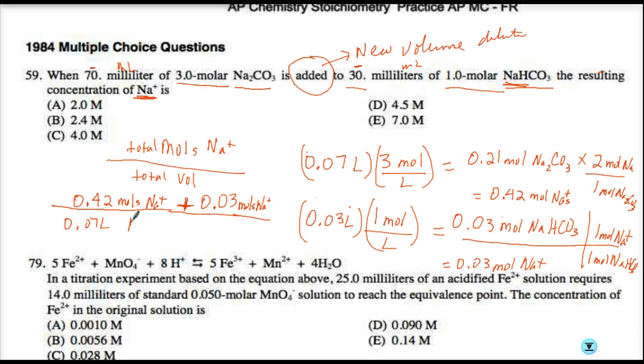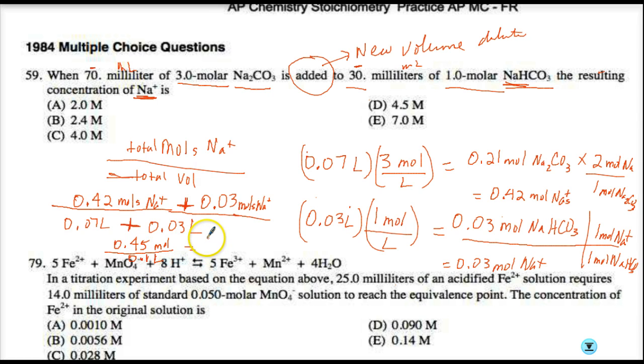And then how much of that solution, I have to remember it's my total volume, so I'm going to have to add it all together. It was 30 milliliters, so 0.03 liters. And so altogether, I'm going to have 0.45 moles in a 0.1 liter solution.